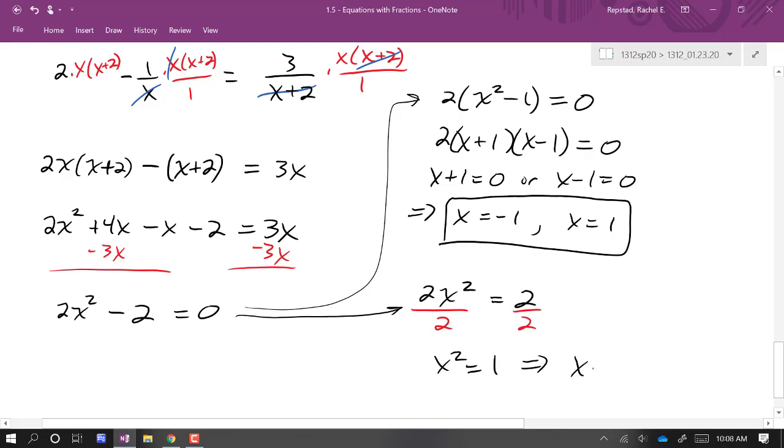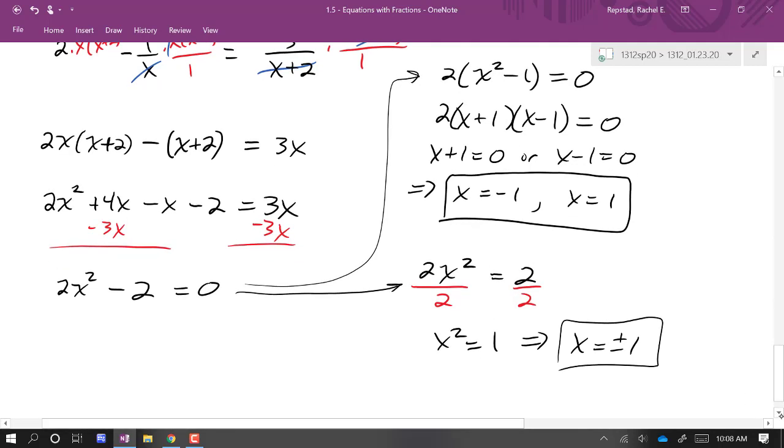And that means x is plus or minus 1. How's that? Pretty nice?